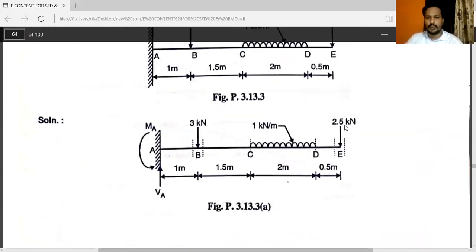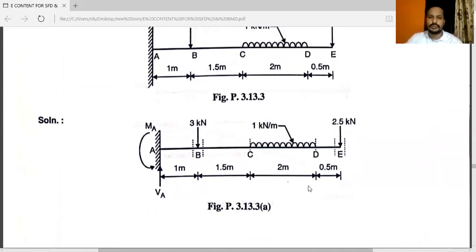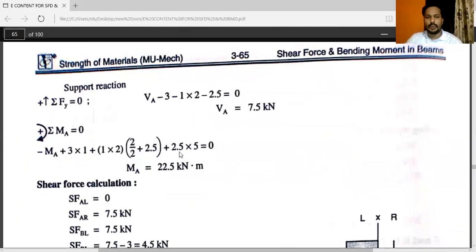Plus this 2.5 is moving in clockwise direction. So 2.5 into this distance, 1 plus 1.5, that is 2.5, plus 2, that is 4.5, plus 0.5, that is 5. So 2.5 into 5 is equal to 0.